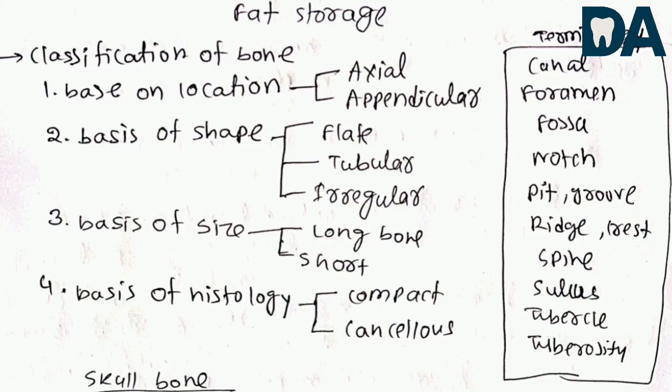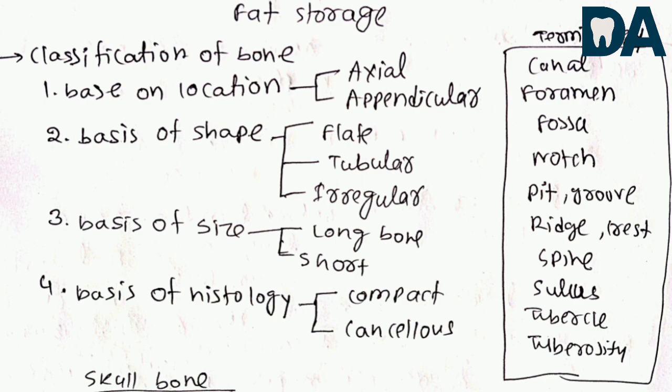Ridge, crest or line, a narrow rough elevation extending some distance along the surface. Spine, a sharp cylindrical pointed eminence. Sulcus, a groove or furrow present on a bony surface meant for attachment of soft tissue or to house delicate structures.